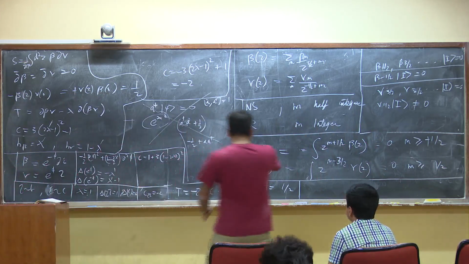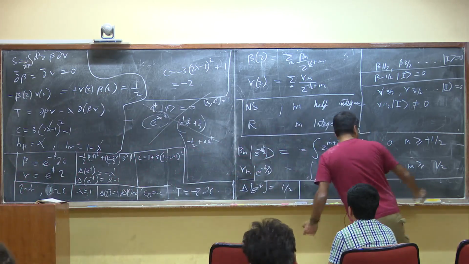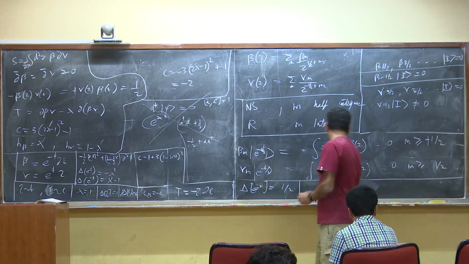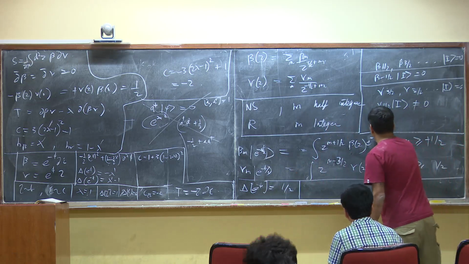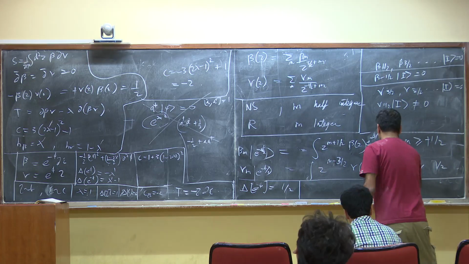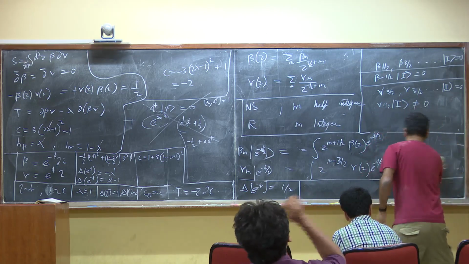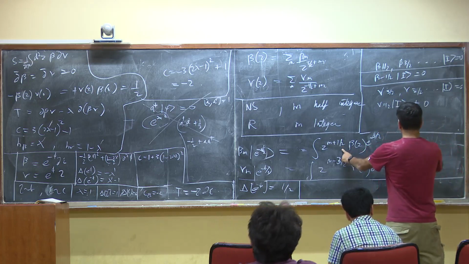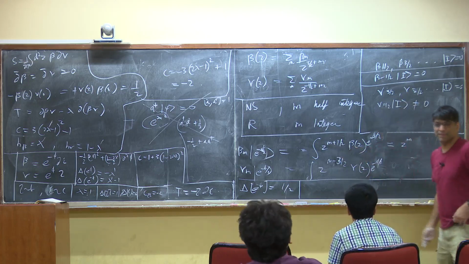Okay, so let's quickly just do this algebra and then we can break for today. Suppose I look at e to the power minus phi by 2, e to the power minus phi by 2. Now let's work this out. Okay, this is z to the power m, it gets rid of the plus half.